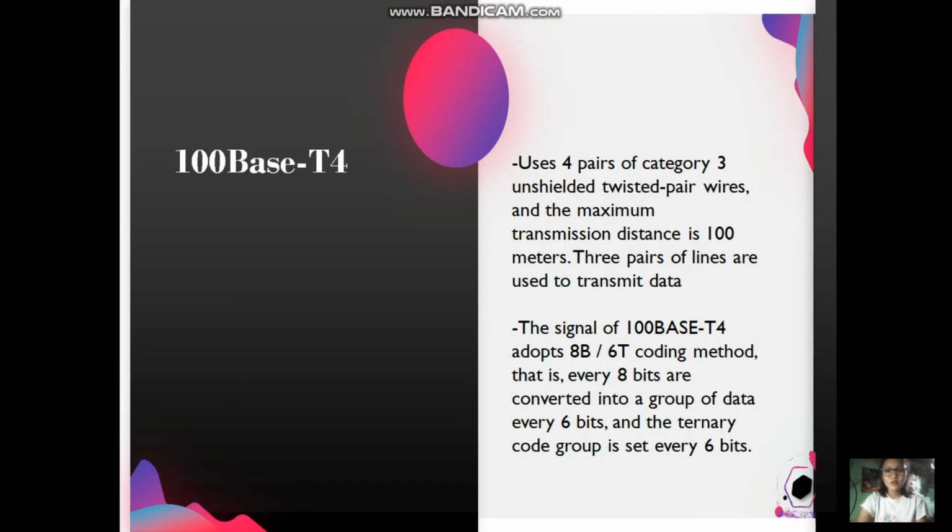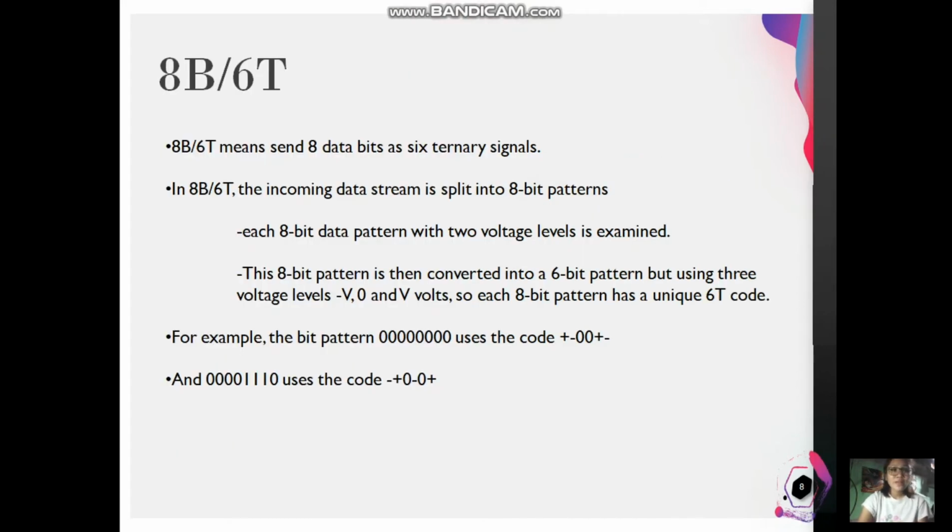Now, the signal of 100BASE-T4 adopts the 8B6T coding method. That is, every 8 bits are converted into a group of 6 ternary symbols. 8B6T means sending 8 data bits as 6 ternary signals.